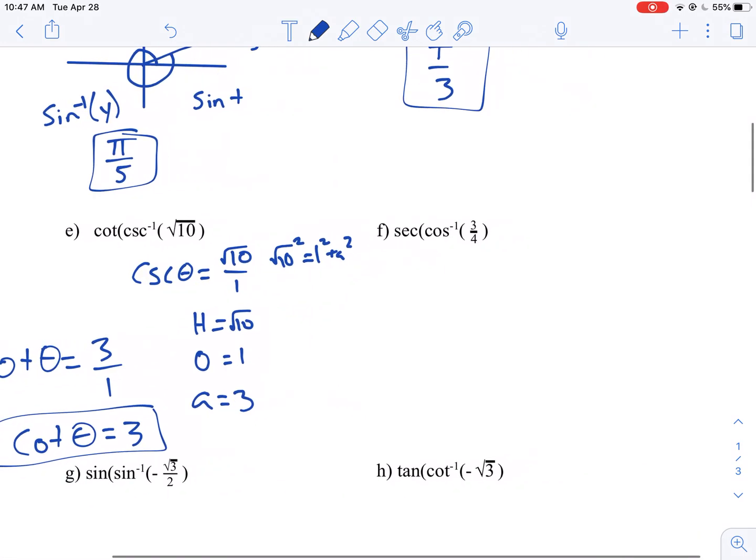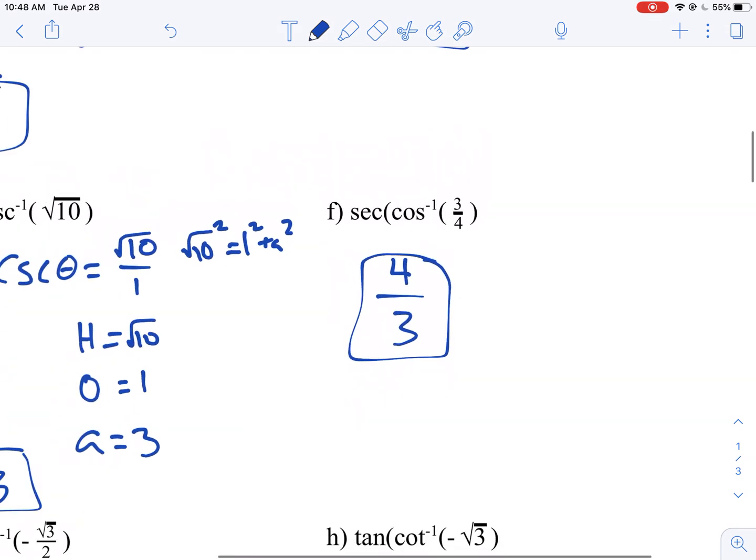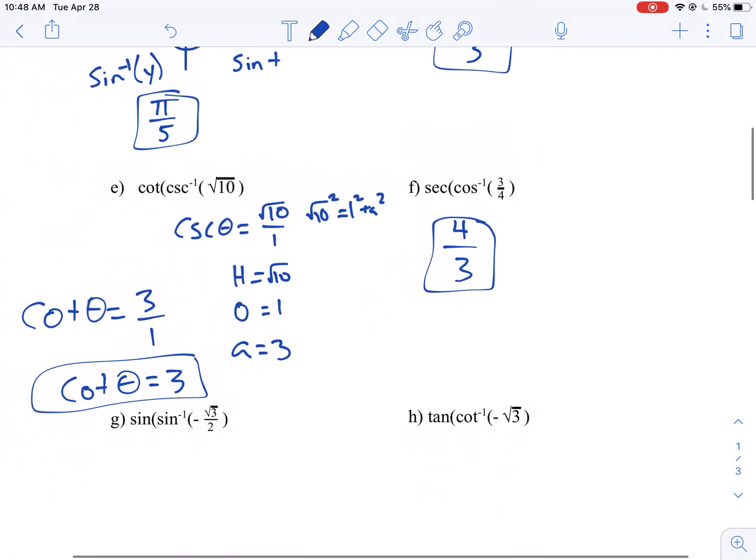So my cotangent of theta is equal to 3. This one, my secant of my cosine inverse, you'll see on my written answer key that I go into a lot of detail here. I could just realize that a secant is the inverse of a cosine. This cosine is falling between 0 and 1. I can just flip this around and call this 4 over 3. I went through a lot of the work in the written answer key, but I can notice that the secant is just the reciprocal of the cosine and make my life a lot easier there.